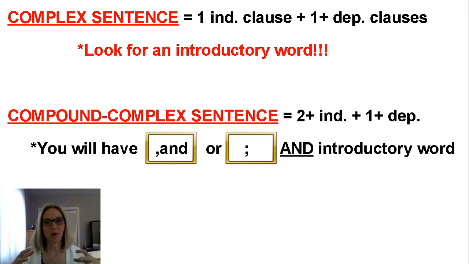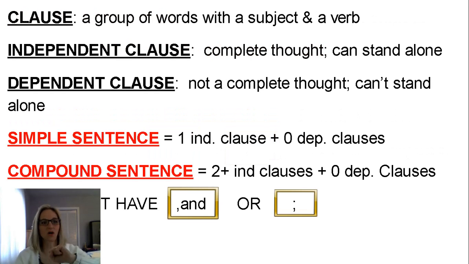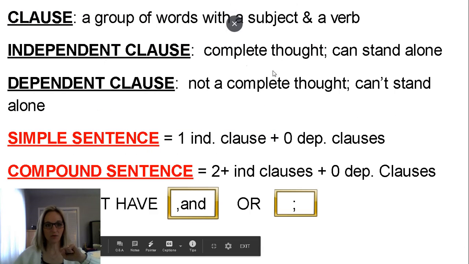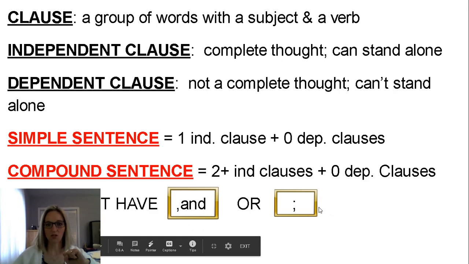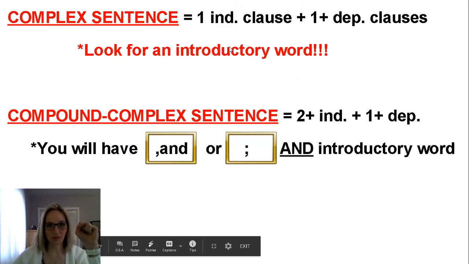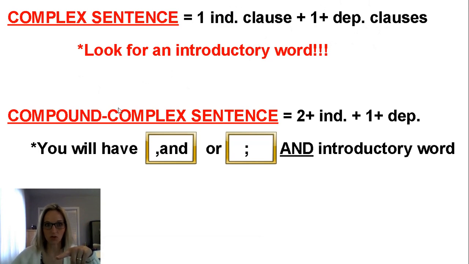So in order to have a compound complex sentence, you take the compound pieces and the complex pieces and you put them together. If you have both of those pieces, then you have a compound complex sentence. So you have to take the compound sentence piece, which is two independent clauses. So you have to have a comma conjunction or a semicolon. And then you take the complex piece, which is an independent clause and an introductory word.